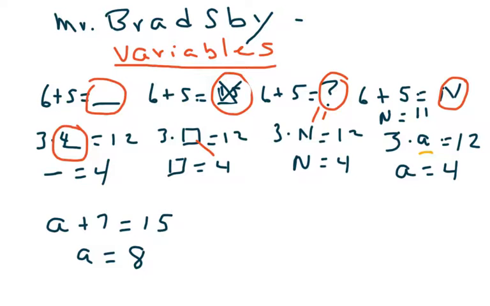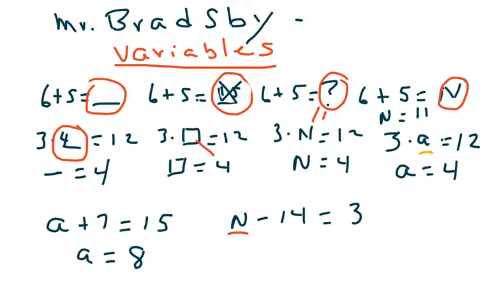We could do one more problem. Let's say n minus 14 is 3. Well, what would I subtract 14 from to get 3? N would be the number that I could subtract 14 from and get 3.